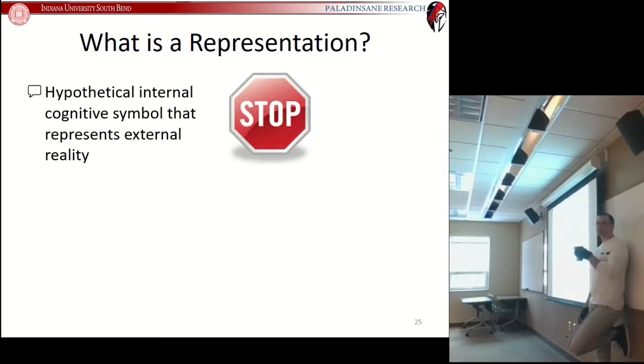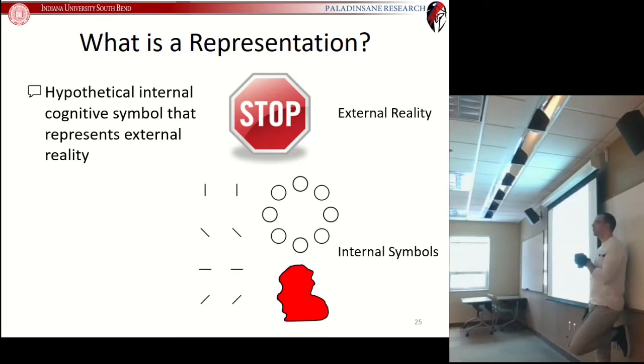So that stop sign is the external reality. There actually is an external real stop sign in the external world. And those internal symbols that we used as an example, those would be the representation. The internal symbols that are inside our mind.